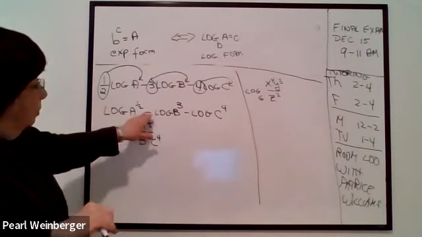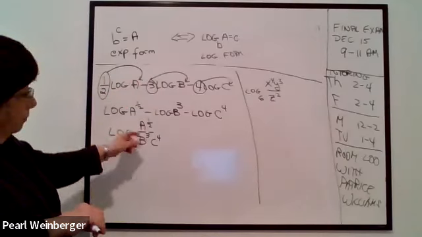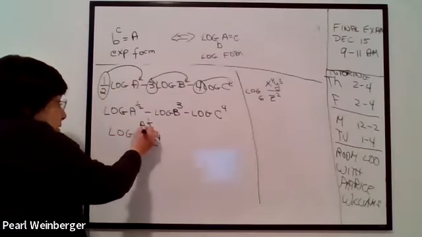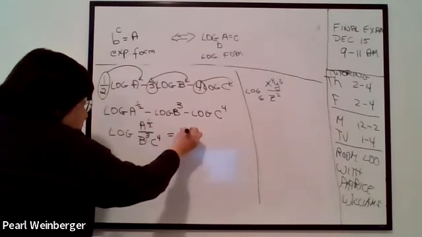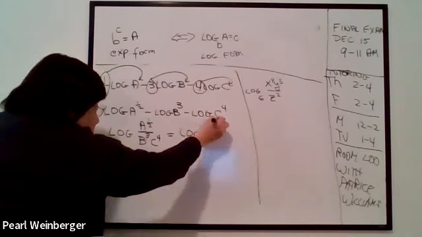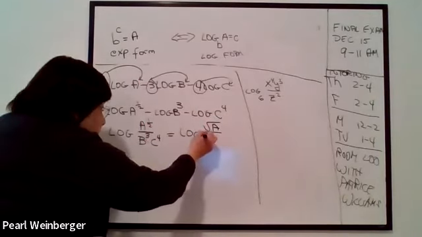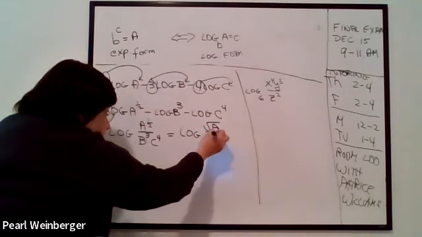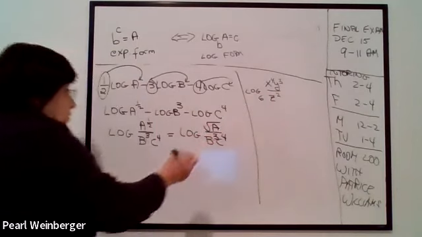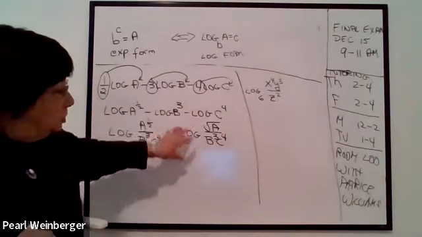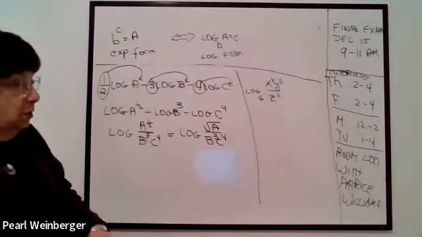Again, since both of these are being subtracted, it means they're both part of what we're dividing by. Again, when I see this A to the 1/2, I prefer writing it as the square root of A. So this is log of the square root of A over B to the 3rd C to the 4th. And that would be your expression as a single contracted log.